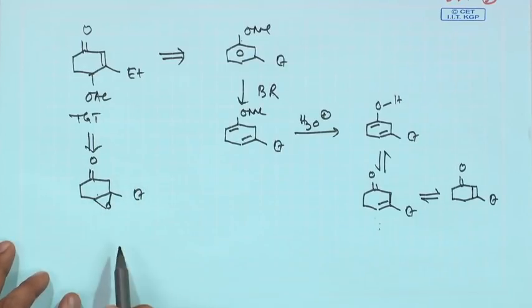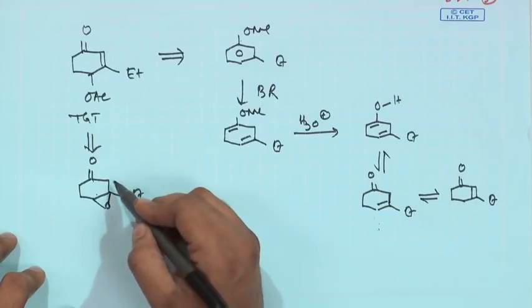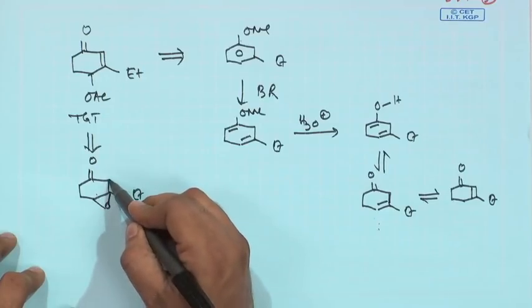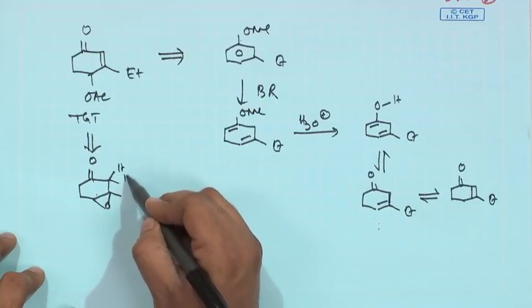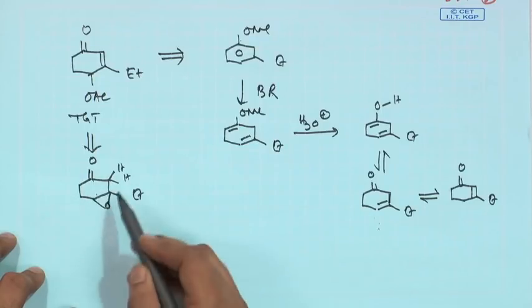some epoxide like this. Just before this slide we explained that epoxides can easily be opened up by treating with a base. Here you have these hydrogens which are acidic due to the presence of this carbonyl group.